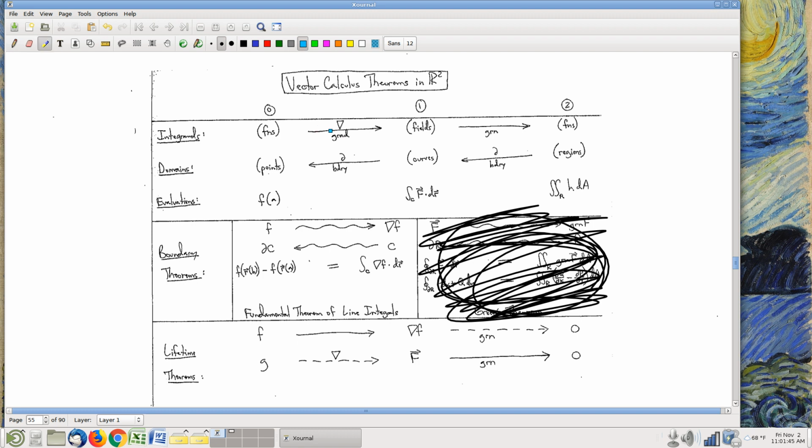If we think of gradient as what you can do to a function to give you a vector field, noticing that vector fields over one-dimensional curves are evaluated with line integrals, notice that taking the gradient of a function, taking the boundary of a curve, that evaluation gives you that evaluation.